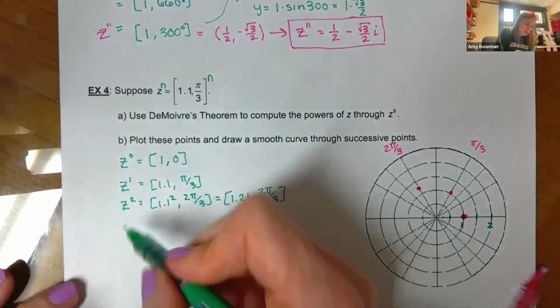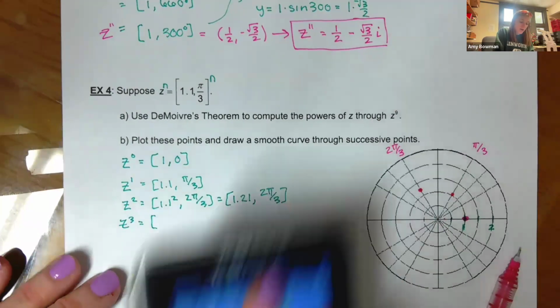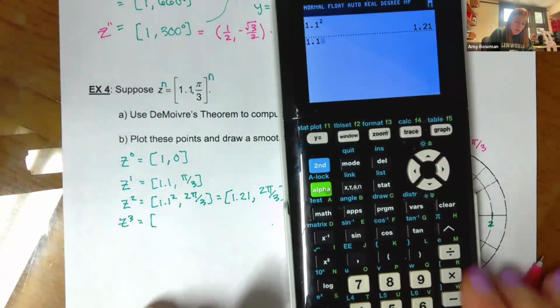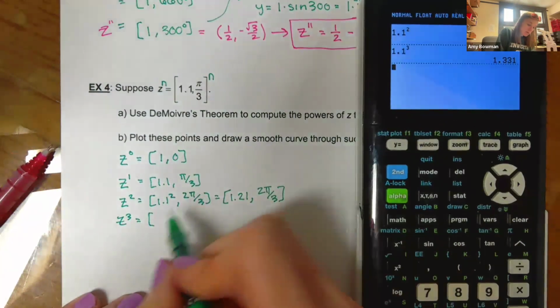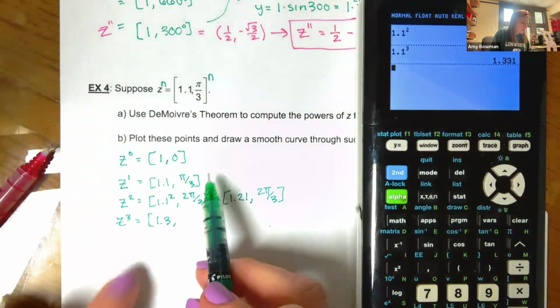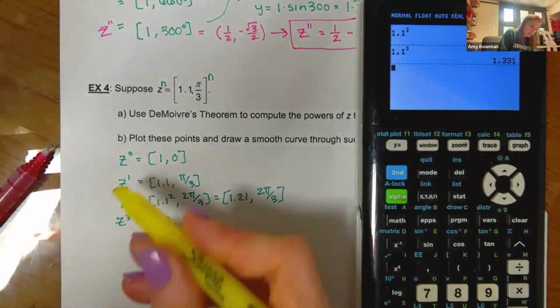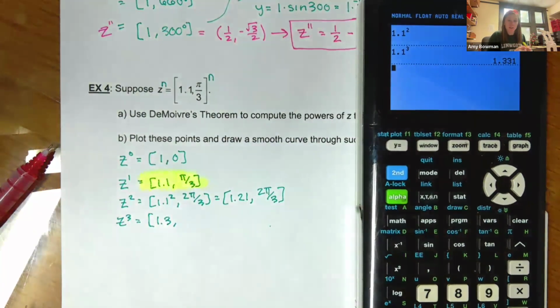And we continue with z cubed. So my r is just going to be 1.1 cubed. So that's about 1.3. And then I'm going to be multiplying, I'm going to highlight this. This is our original z, kind of going back here and raising it to the nth power every time.